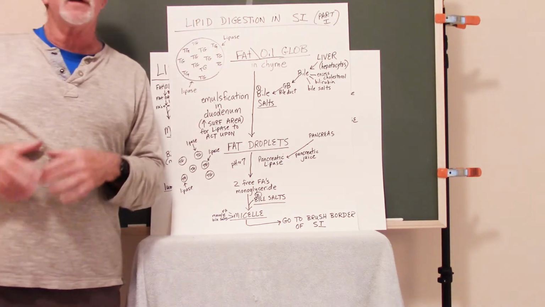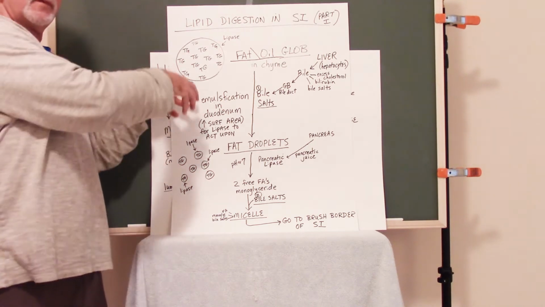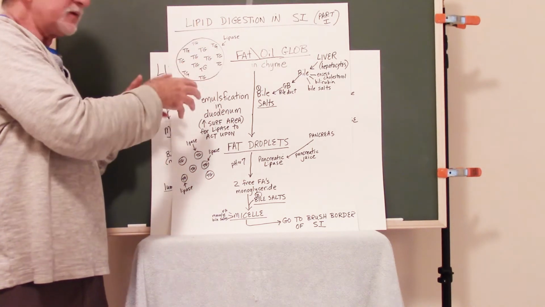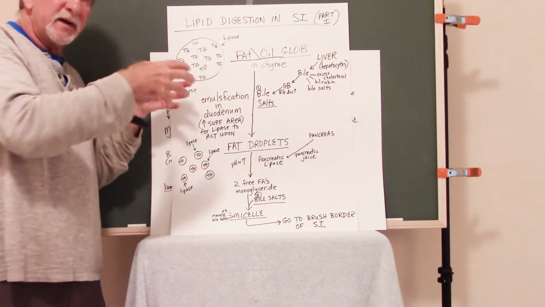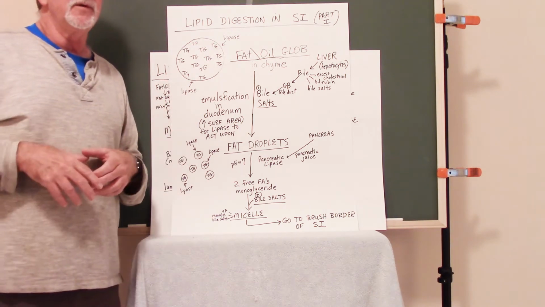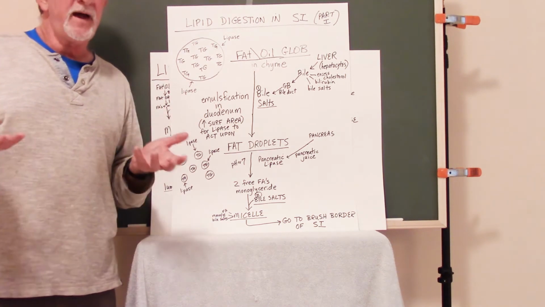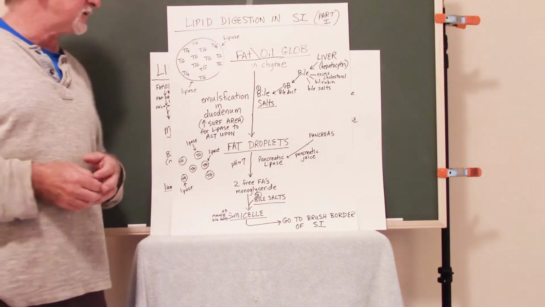There's only so much time for these enzymes to operate, and as a result of very little surface area at the surface of these fat globs, if there wasn't a way to break up these globs, then the lipase enzymes wouldn't be able to digest all of the fat and oils that come in with the food you eat. But that's not what happens.